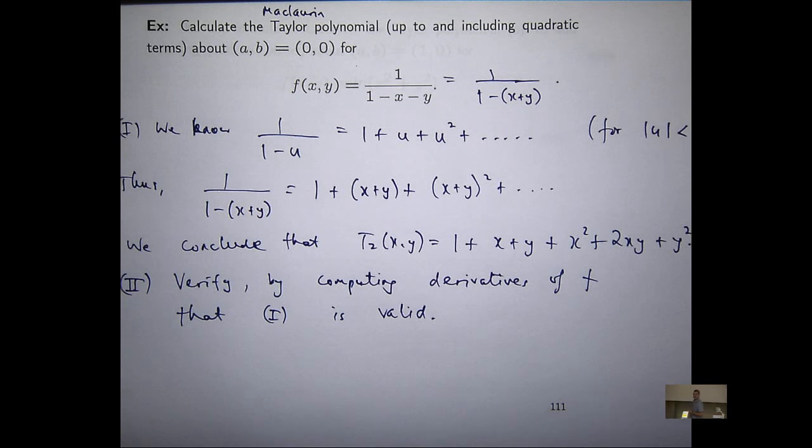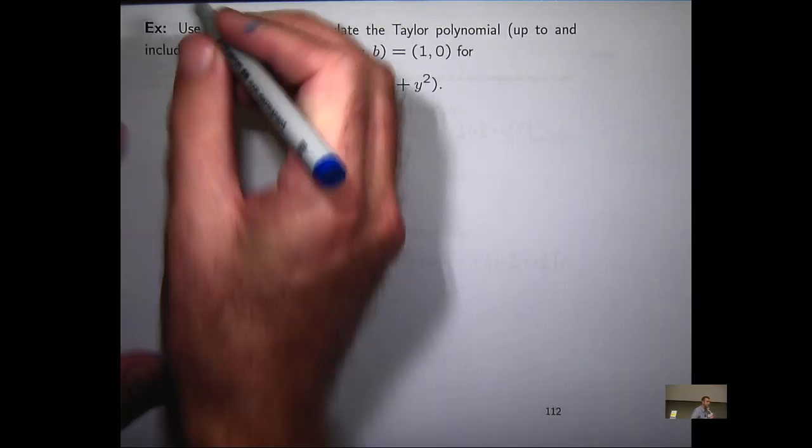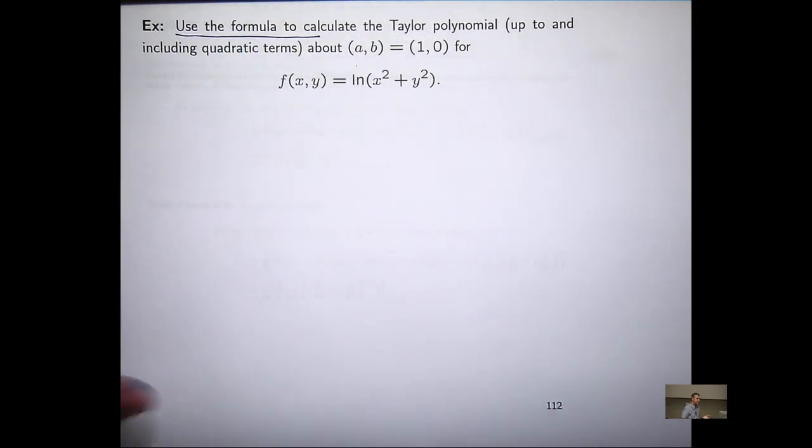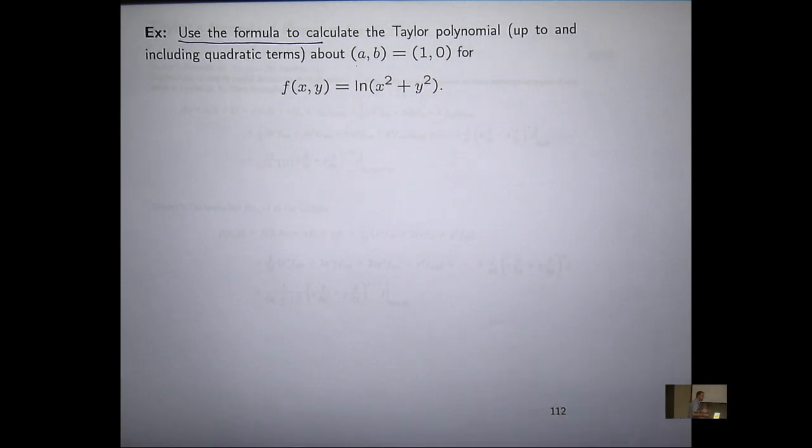If we ask you to use the formula, for example, if you look at the next question, what we're actually meaning here is for you to systematically go through and calculate the partials and then apply the identity, I guess, for t sub 2. Okay, so our point of interest is 1, 0.